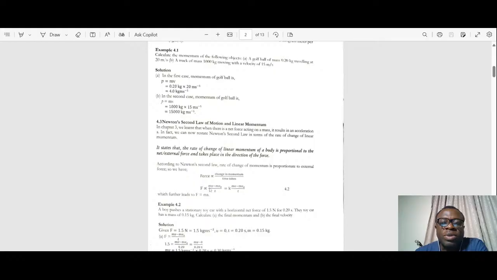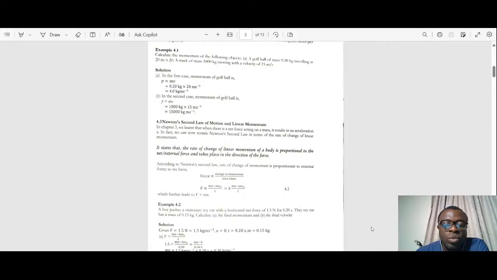We know that Newton's second law of motion can be written as F equals ma. I even made a video on this, and you can go back and watch how this formula is derived.